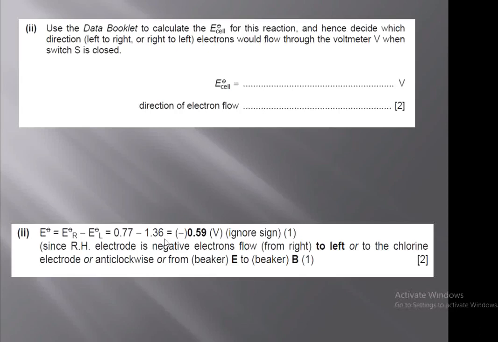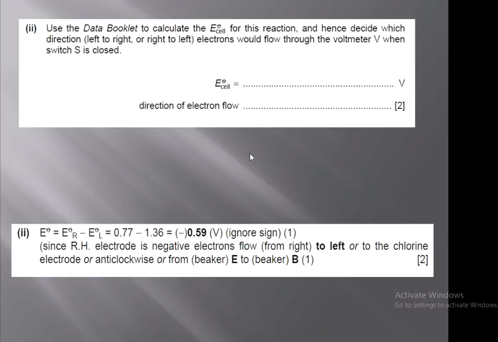He has drawn the chlorine electrode on the left hand side, that's why he is ignoring this sign. Actually the answer should have been 1.36 minus 0.77 according to the rules for the drawn diagram. But here the diagram is drawn in the opposite manner, so we have to calculate accordingly, but it doesn't matter here.